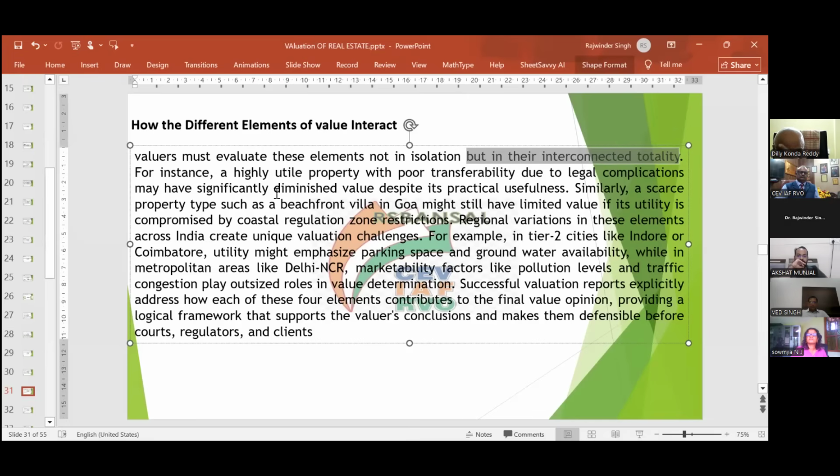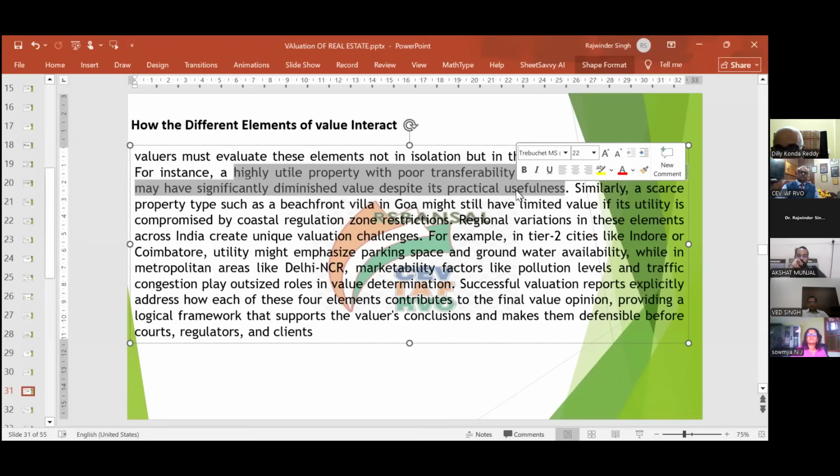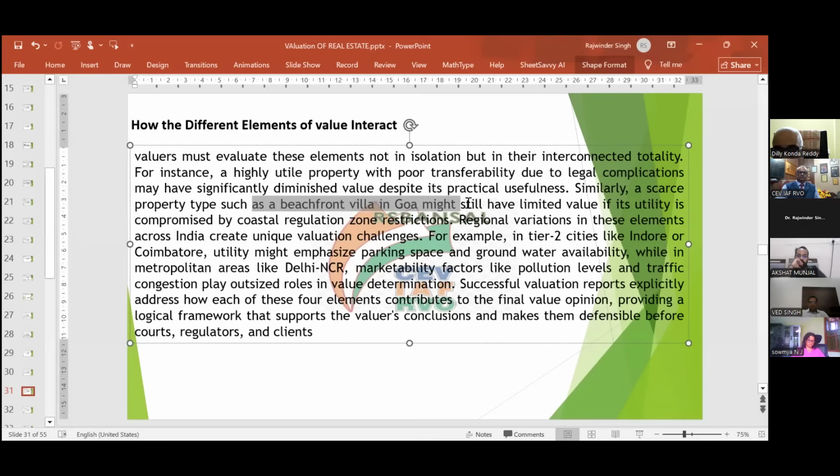For example, a highly utilized property with poor transferability due to legal complications may have significantly diminished value despite its practical usefulness. Similarly, a scarce property such as a beachfront villa in Goa might still have a limited value if its utility is compromised by coastal regulation zone restrictions.